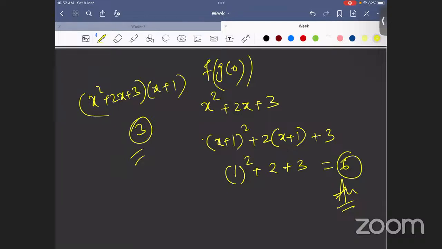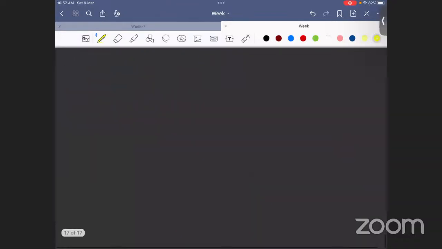Anything else from anyone? Any doubt till now? 7.3, I guess, we have discussed, so there is nothing much to discuss. 10th question? Okay, 7.2 only. So this is totally based on the sine function.